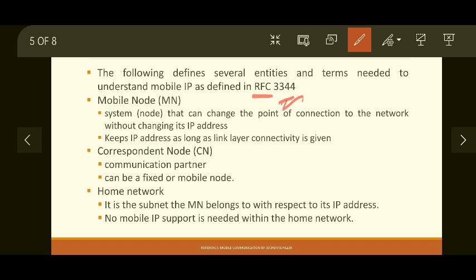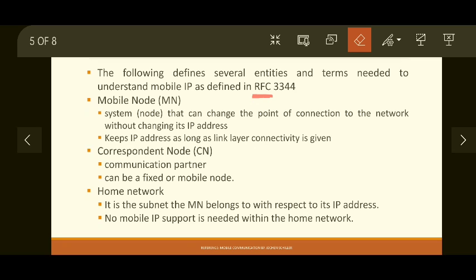That is not a point of concern right now. RFC stands for request for comments. Users are requested to provide whatever complaints or suggestions they have regarding supporting mobility. So mobile IP was standardized by the RFC.